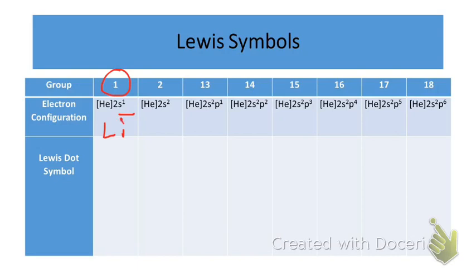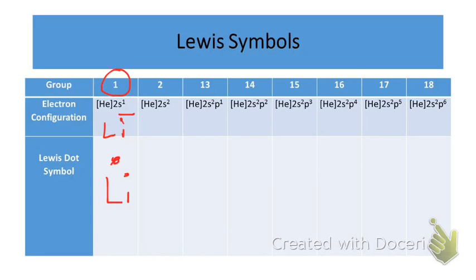We would create a Lewis symbol by taking the symbol for lithium, and then how many valence electrons does lithium have? It has 1, like every other element in group 1. So we're going to place a dot at the 12 o'clock position to represent the Lewis symbol for lithium.